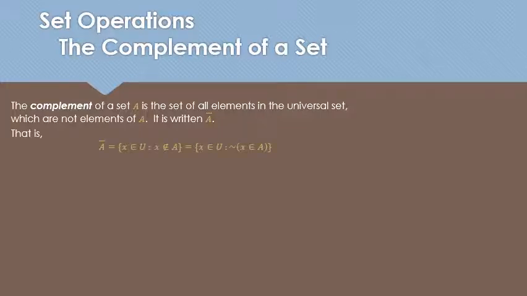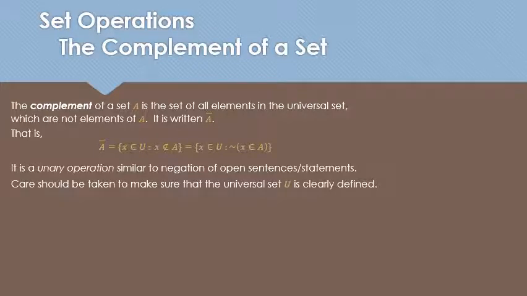So we can define this using set builder. The complement of A is the set of all x in the universal set such that x is not in A, or we could define it as the set of all x in the universal set such that it is not the case that x is in A, if we want to write it like that. Those are equivalent. I said it's a unary operation, and it's similar to negation. And we need to take care that the universal set is clearly defined.